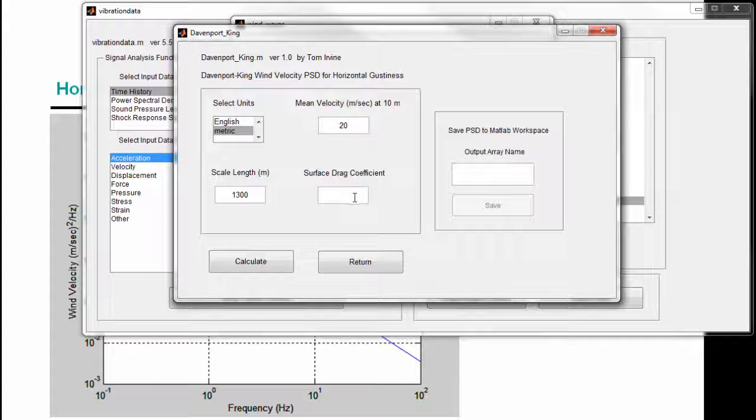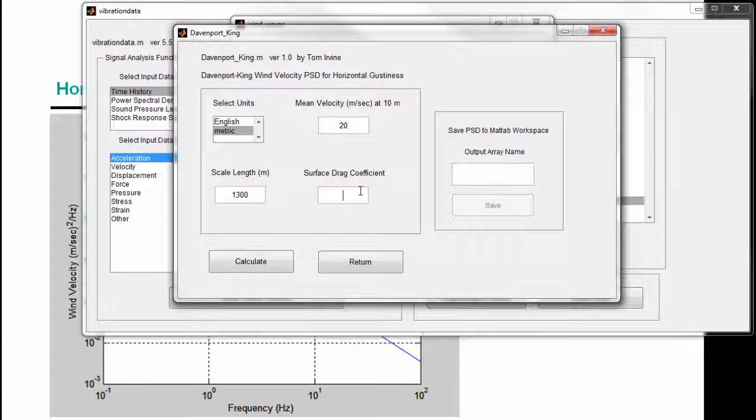The drag coefficients can vary depending on the terrain roughness, and it also depends on what we have. Are we looking at a tall building or a slender launch vehicle with a cylindrical cross section, or do we have an assortment of buildings like in an urban area?